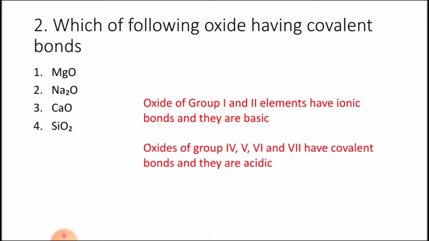Oxides formed by groups 4, 5, 6 and 7 are acidic, and these oxides are formed by covalent bonds. Therefore, silicon dioxide is formed by a covalent bond, and the answer is 4 for the second question.